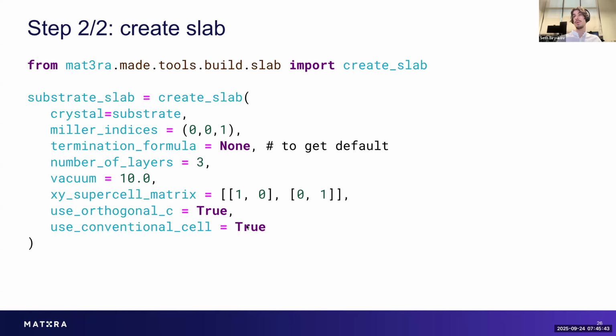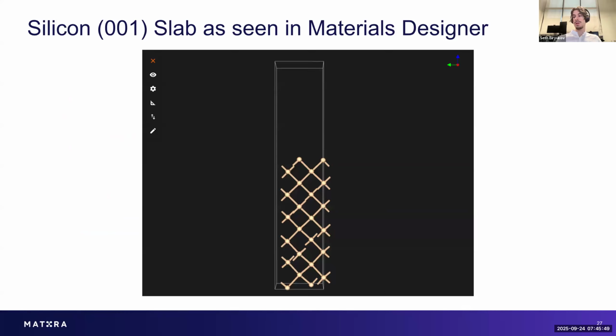If you specify false, then the primitive one is used. And then when we run this function, we get the slab. So we see it's 3 conventional cells thickness, it has vacuum of 10 angstroms, and just one unary supercell.